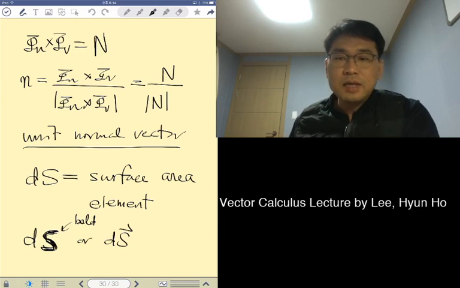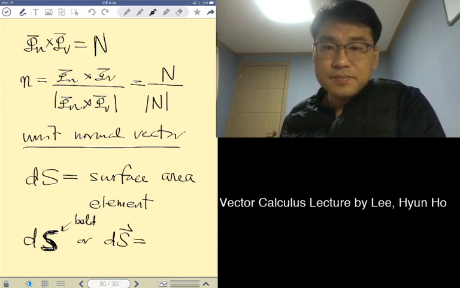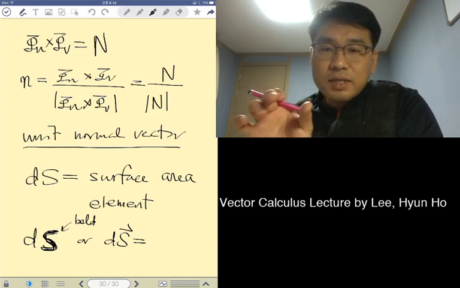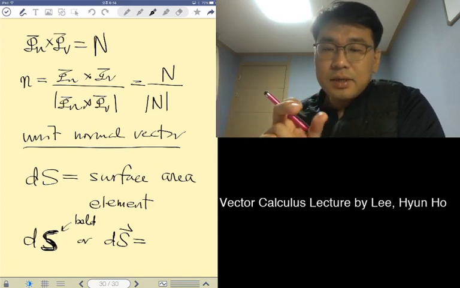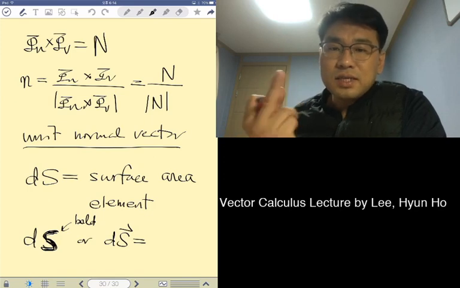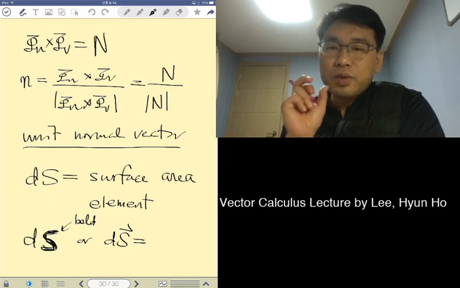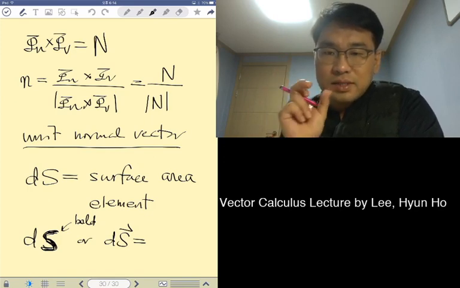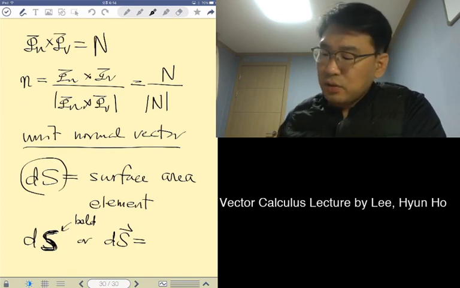What is this vector dS? It combines the normal vector with the scalar quantity.